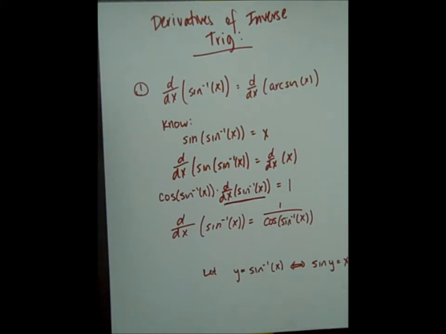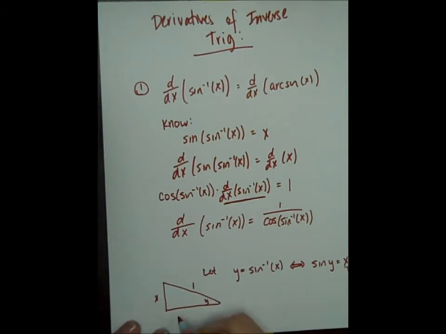Well, if sine of y is equal to x and I draw my triangle, that means for this angle y, I have opposite over hypotenuse. So here's my angle y. Sine of that angle is opposite over hypotenuse, which is x over 1, because x is the same thing as x over 1. What does that make this side? Remember, this is a right triangle. Using the Pythagorean theorem, that makes this the square root of 1 minus x squared.